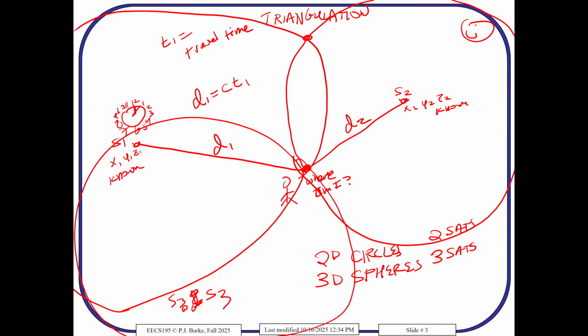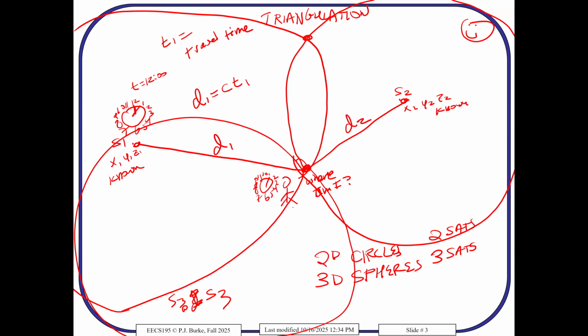And let's say the satellite broadcasts the position at high noon, at exactly noon. And let's say the receiver has a clock, 12 o'clock, 1, 2, 3, 4, 5, 6, 7, 8, 9, 10, 11.